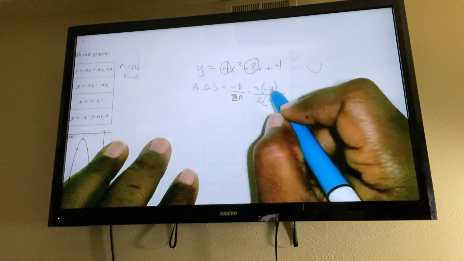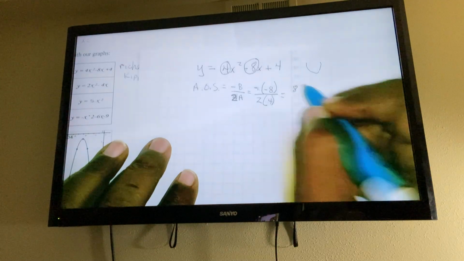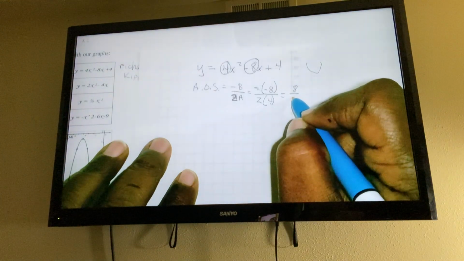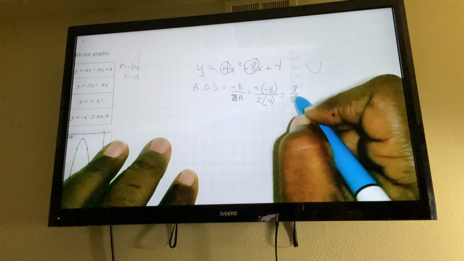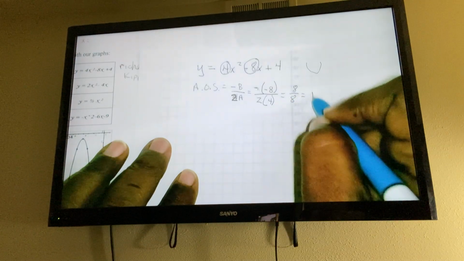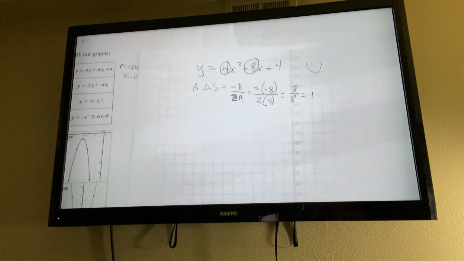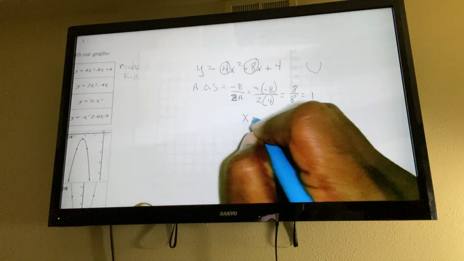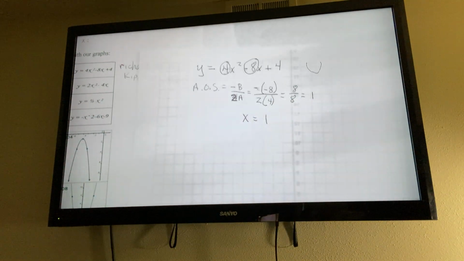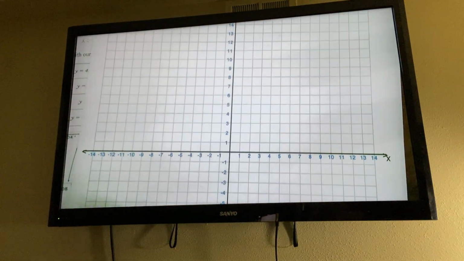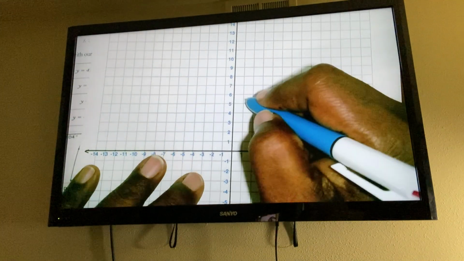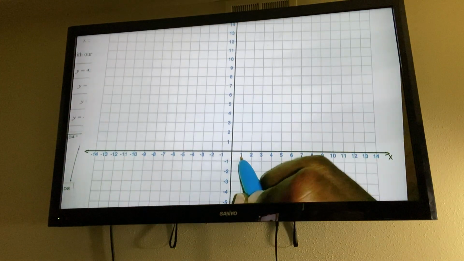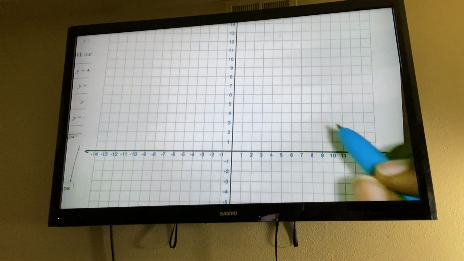So negative, negative, that's going to be positive 8 over 4 times 2, that's 8. So we see that our axis of symmetry is going to be at x equals 1. So we can flip over and we can draw our axis of symmetry at x equals 1.